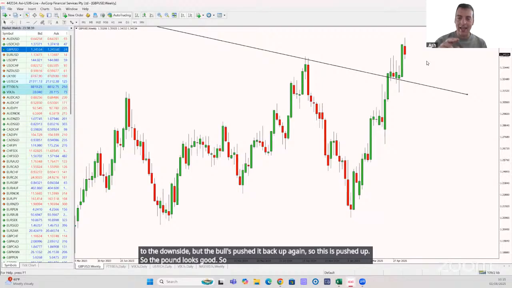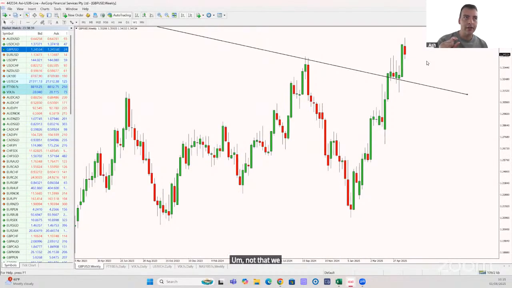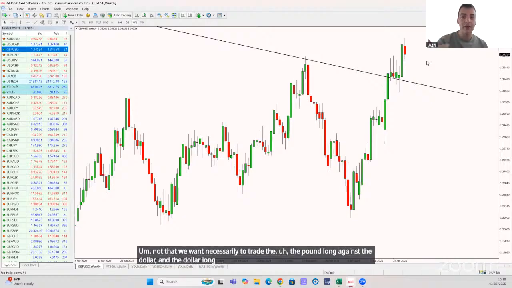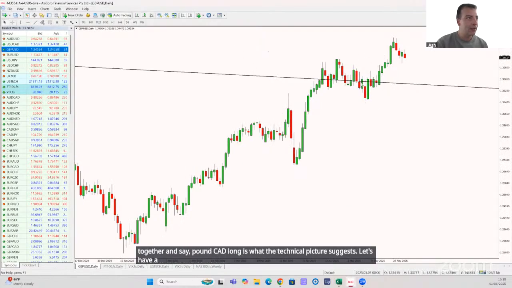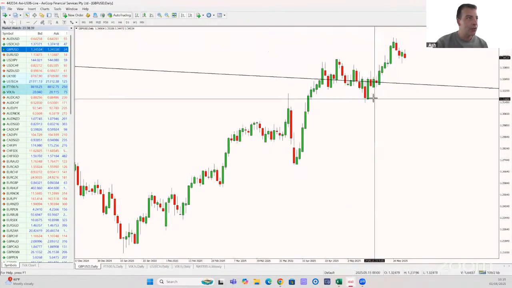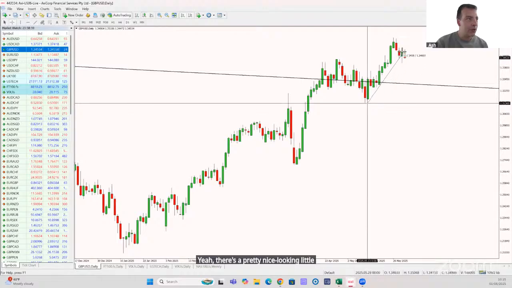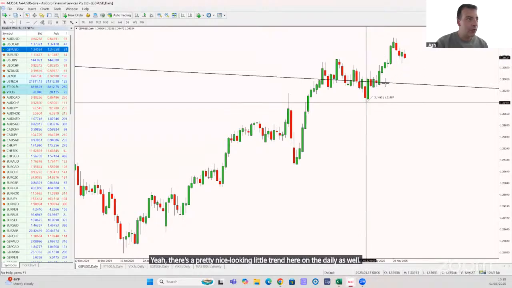So what this is saying is not that we necessarily want to trade the pound long against the dollar and the dollar long against the CAD, but we want to put the pound and CAD together and say pound CAD long is what the technical picture suggests. Let's have a look at the daily. There's a pretty nice looking little trend here on the daily as well.